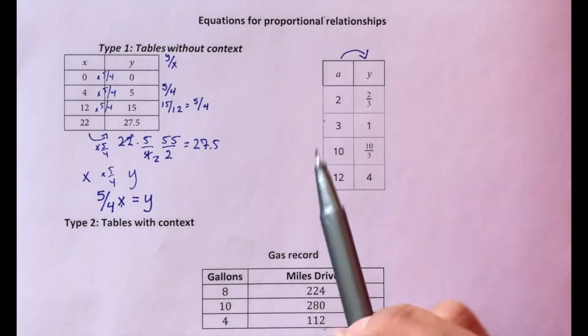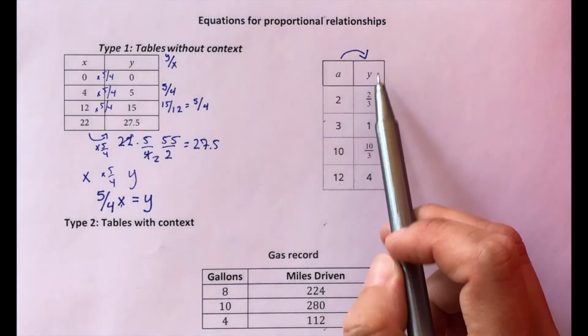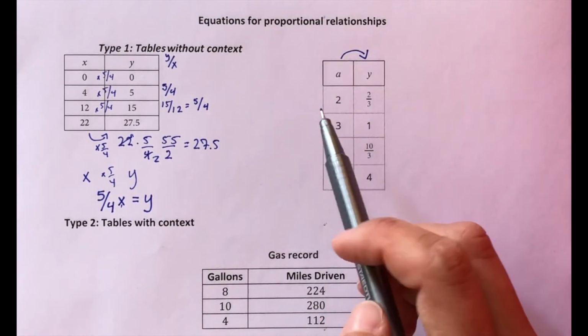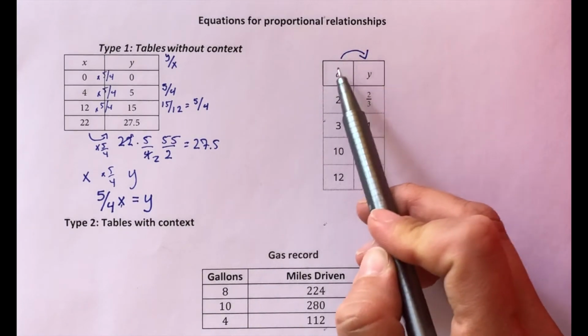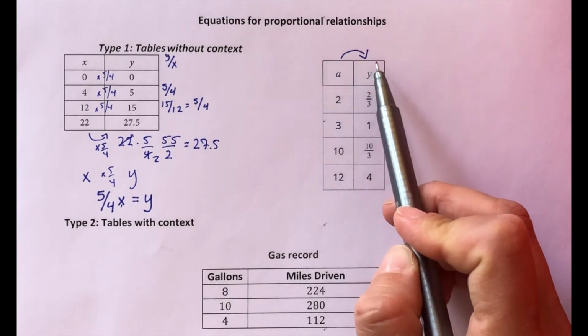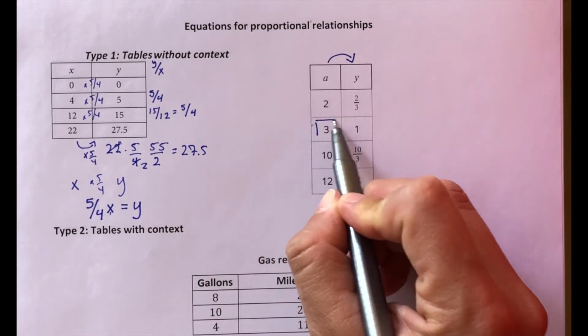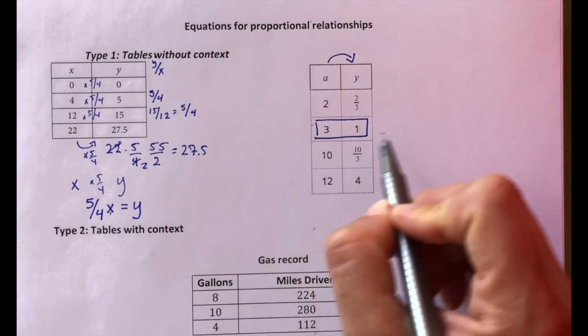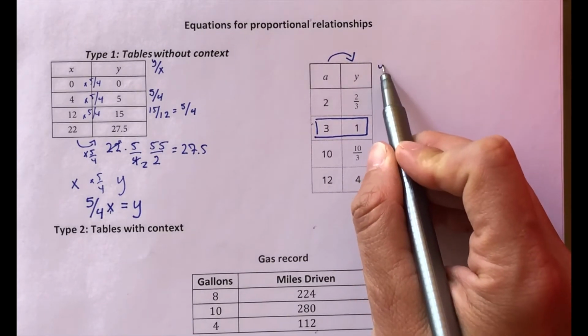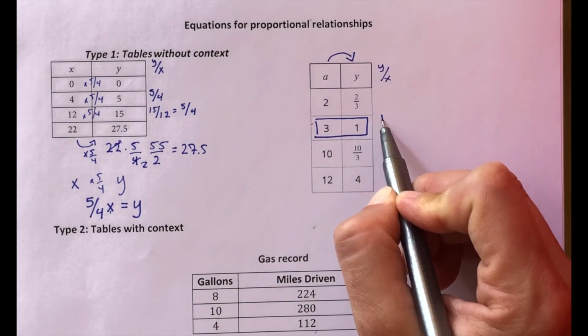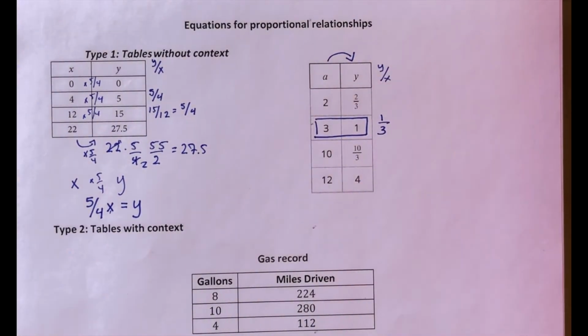So here's the second example. I've got a for my input and y for my output. And again, we want to know the constant of proportionality because we want to know what we're multiplying a by to get to y. So let's take a look. I see this line of the table has a y divided by x value of 1 divided by 3, or 1/3.